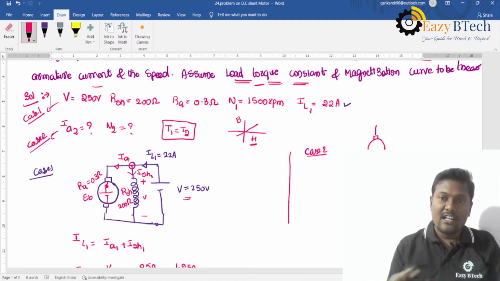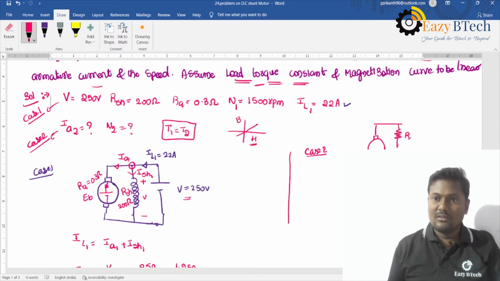We are not adding an external resistance in the armature. We are adding an external resistance, whose value is 150 ohms, in series with the field winding. So this is RSH.